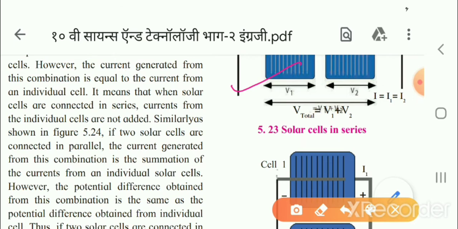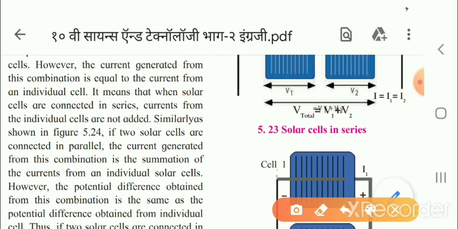That means V will be equal to V1 plus V2. The current generated from this combination is equal to the current from an individual cell. That means it will not be added. It means when solar cells are connected in series, current from the individual cells is not added. Already I explained to you.